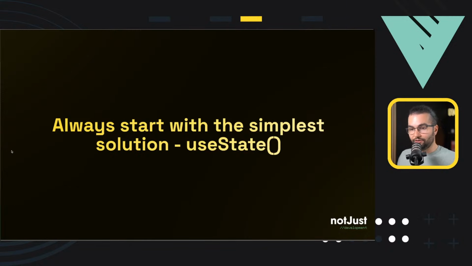In most cases, you just need that data in one component. Some cases you need it in multiple places. So even with some light props drilling, like sending props back and forth, it's not going to be the end of the world. So unless you actually need something else, stick to useState, it's good enough. You don't need to overcomplicate stuff unnecessarily.